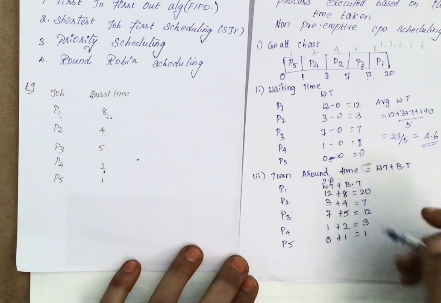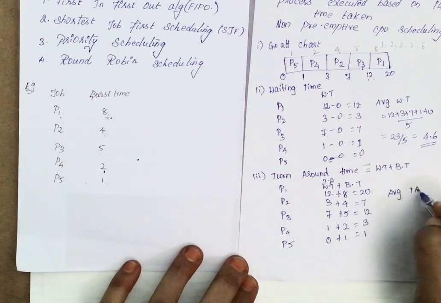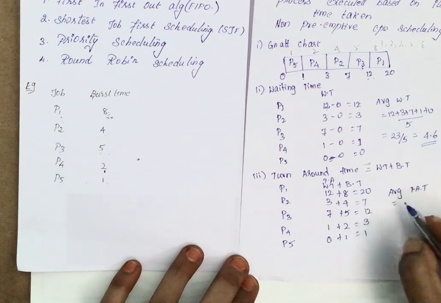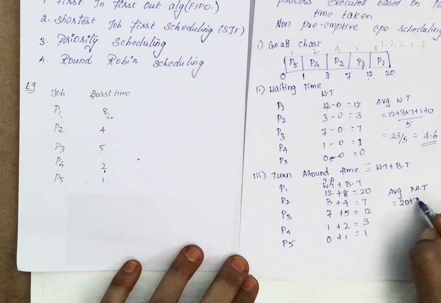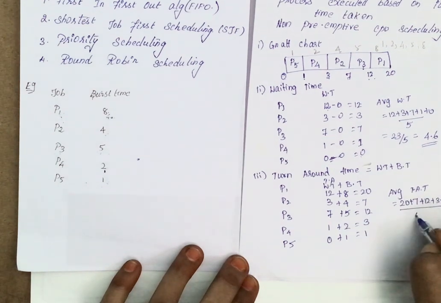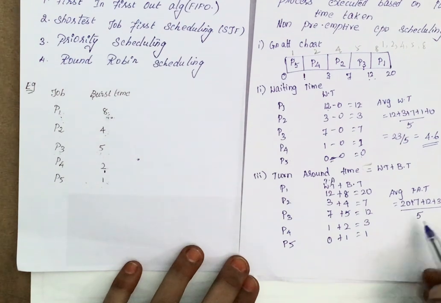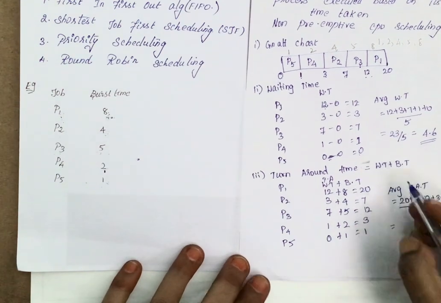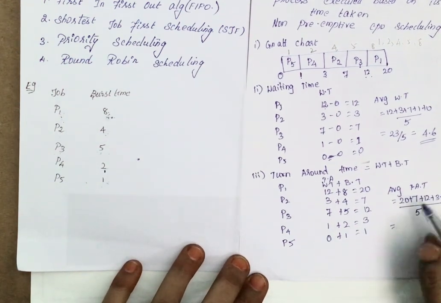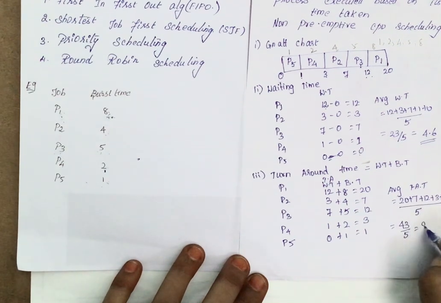Then, like before, we have to find our average turnaround time. That is 20 plus 7 plus 12 plus 3 plus 1 divided by the number of processes. That is 43 by 5, which is 8.6.